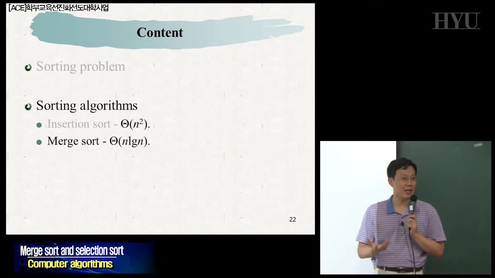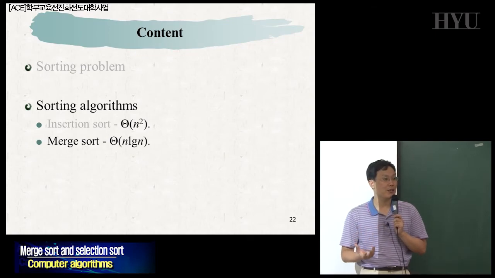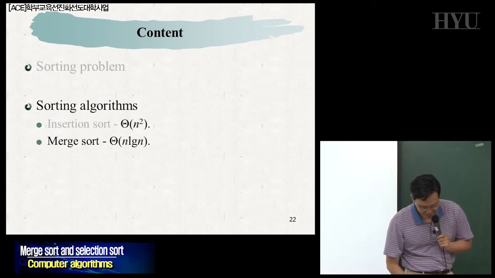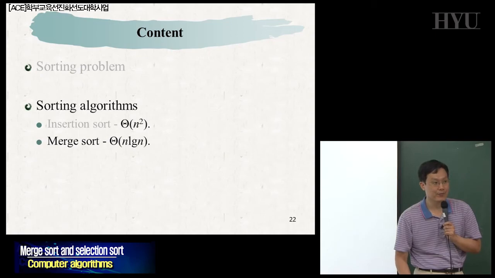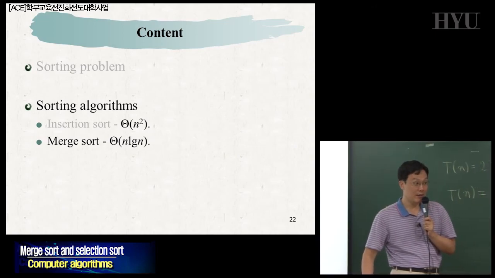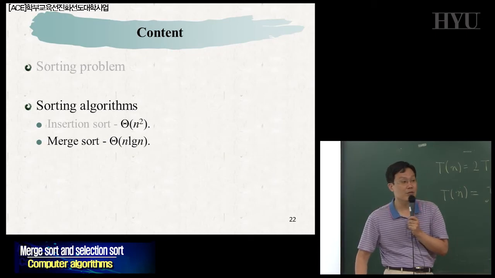How about the best case? What is the best case of insertion sort? N, yes, theta of n, insertion sort. How about the selection sort?